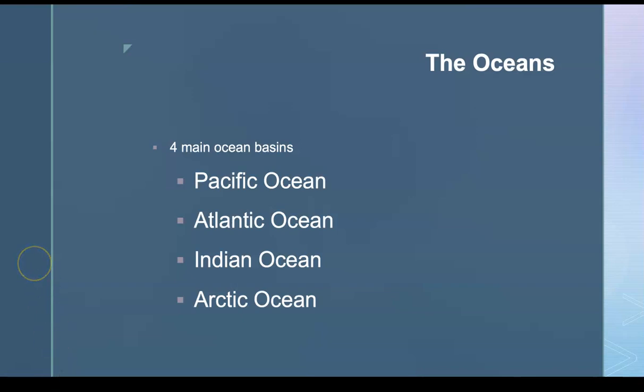So we've got the Pacific Ocean, the Atlantic Ocean, the Indian Ocean, and the Arctic Ocean as our four main oceans. Of course, there's this sea and that sea, and even a few that use the word ocean again. But these are the four big ones. The Pacific will give you a North American-centric view of things.